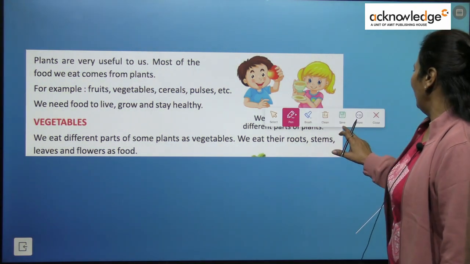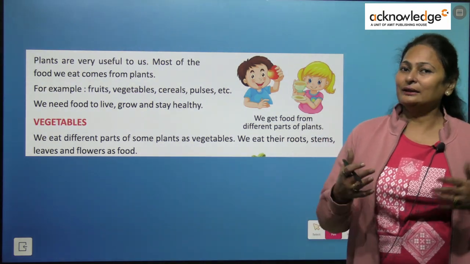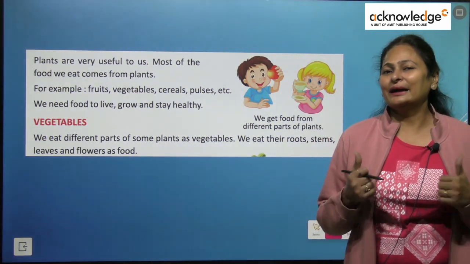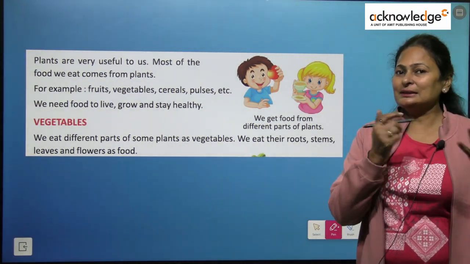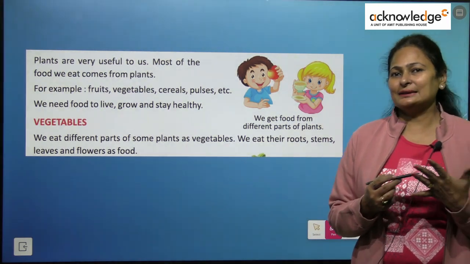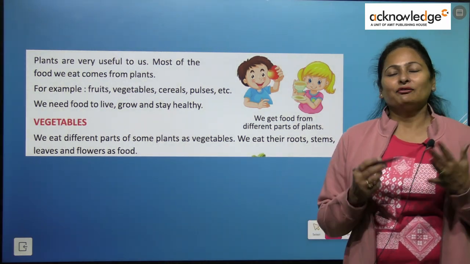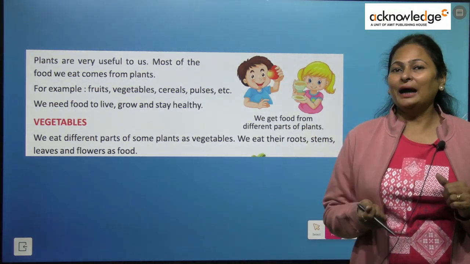Plants are very useful to us. Most of the food that we eat, we get from plants. The things that we have just discussed, vegetables, fruits, oil, spices, tea, coffee, all these things we get from plants.